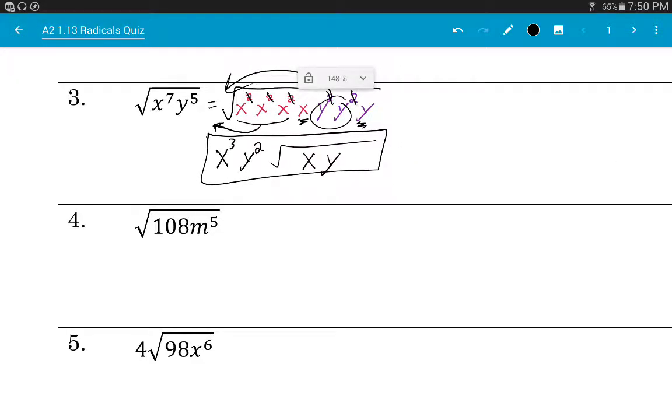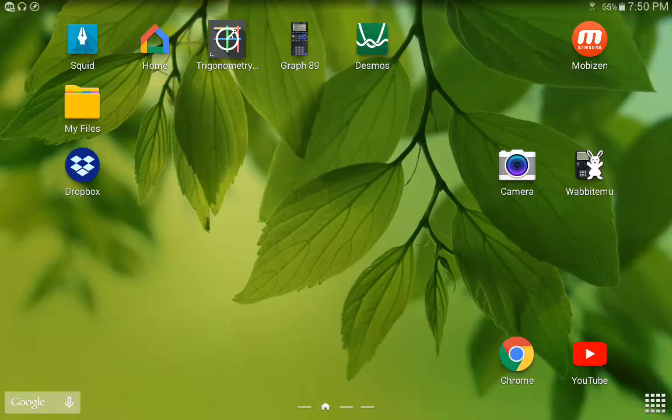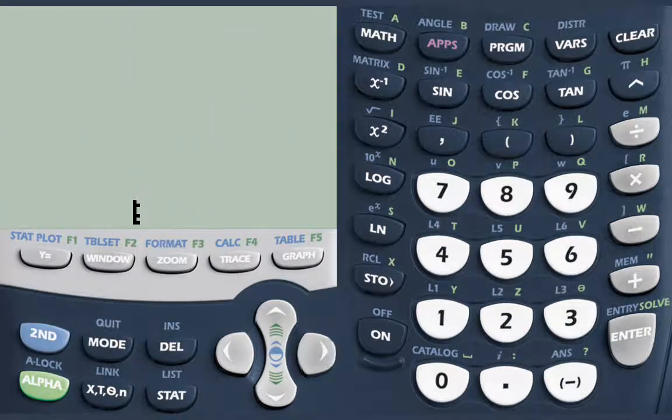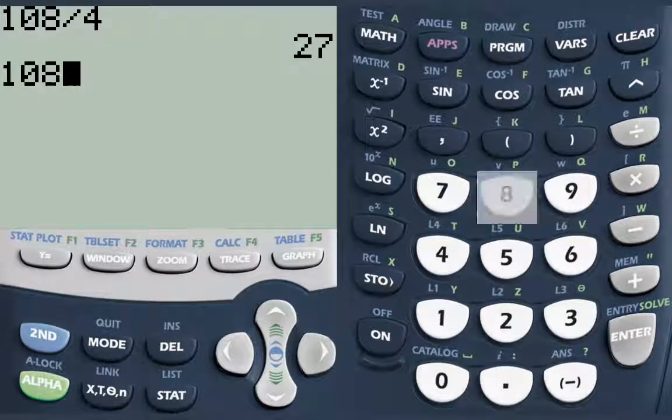For 108, I look at my calculator, I say, I don't know which perfect square is going to go into 108, so let me check my calculator for a second. Is 108 divisible by 4? So it is, but I think there's a bigger one possibly, so let's see. Is it divisible by 9?